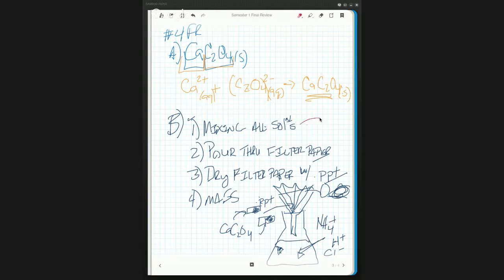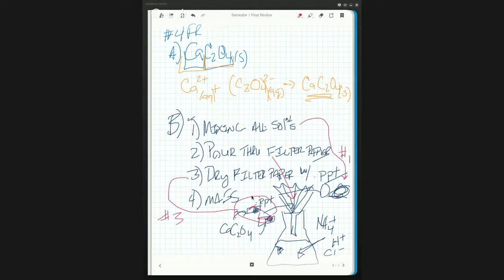This is number one right here, right? You mixed everything together. Then you poured it through the filter paper, and that would be what you did here for number two. And then you dried the filter paper with the precipitate, and that is what this is right here, right? Okay, and then you mass it.